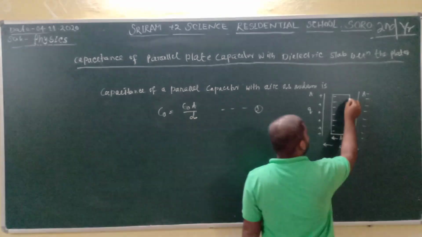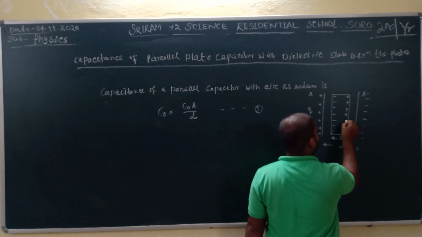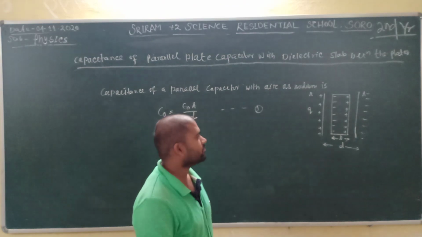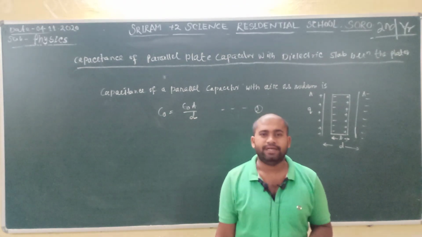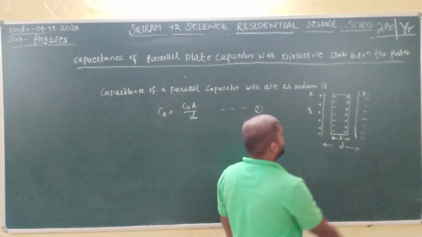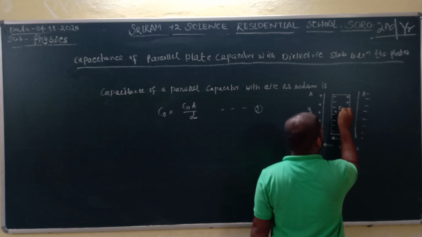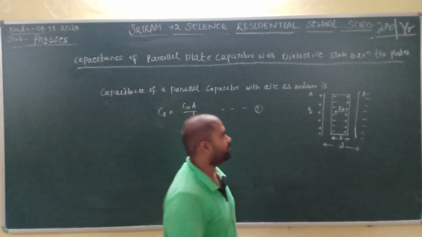Then the positive charges align on the opposite face of the dielectric slab. Because of this electric polarization, an induced electric field is produced between the plates, and suppose that induced electric field is Ep.